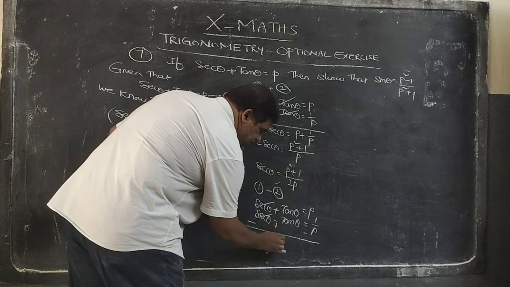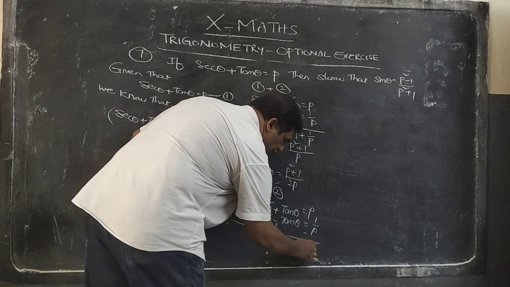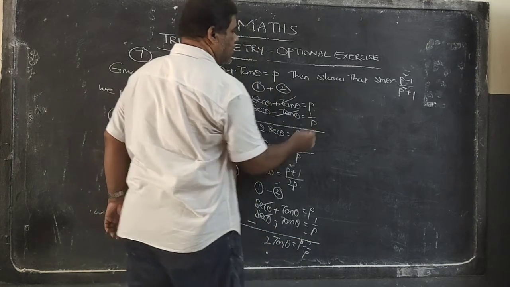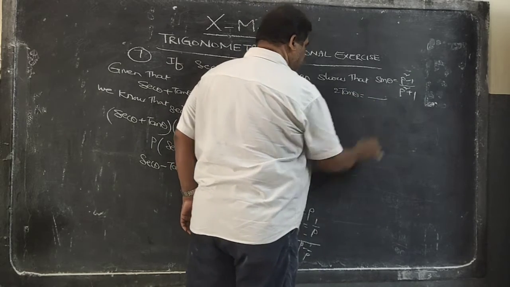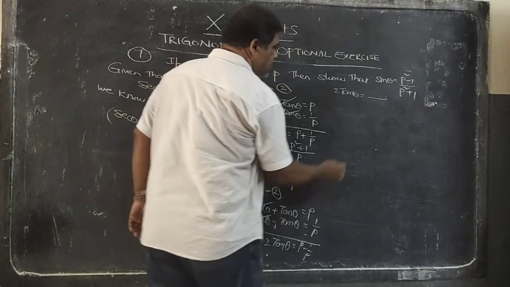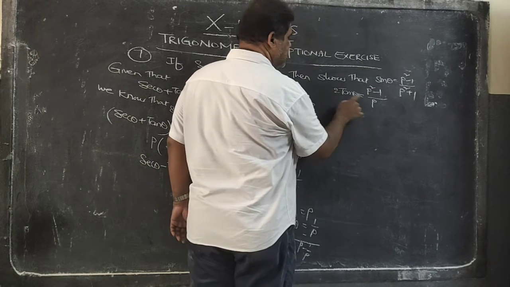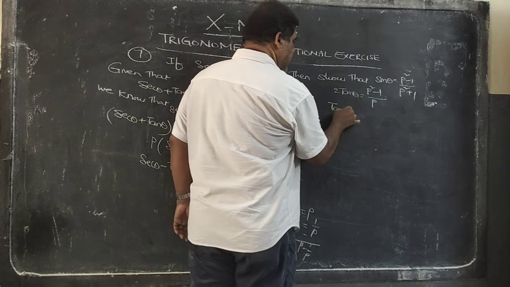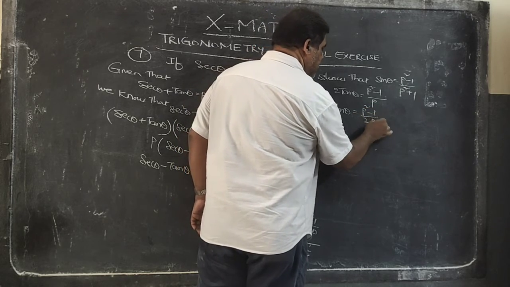Tan θ plus tan θ is 2 tan θ, and this is P minus 1 by P. So we will get 2 tan θ is equal to P minus 1 by P. Here LCM gives (P² − 1) by P, send the 2 to that side. So we will get tan θ is equal to (P² − 1) / 2P.